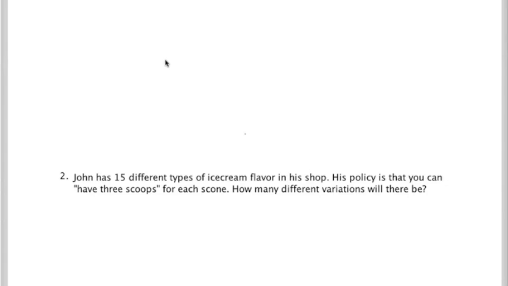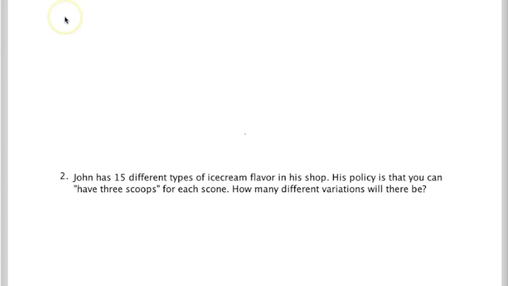Alright guys, let's get started on the answer for exercise number 2. You can see that John has 15 different types of ice cream, but he lets you choose 3 out of those for each scone, right? So in this case, remember the first thing we gotta do is determine whether it's permutation or combination. So let's reason it out.